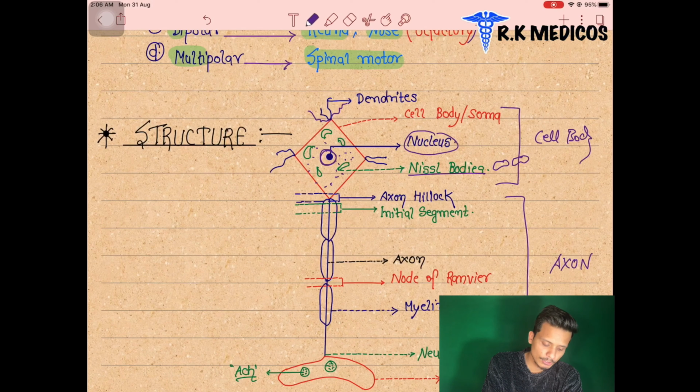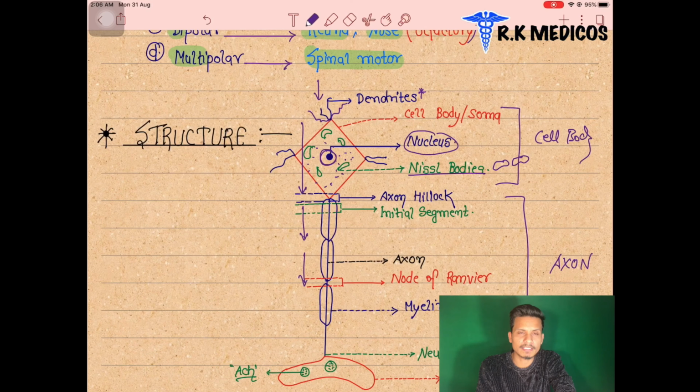The functional unit, that is the neuron, has dendrites, and these collect the information from the adjacent neuron and send it towards the axon. It means they're collecting the impulses here and transferring the impulses inward, and this is called forward axonal transport. Suppose the impulse is first taken by the cell body.